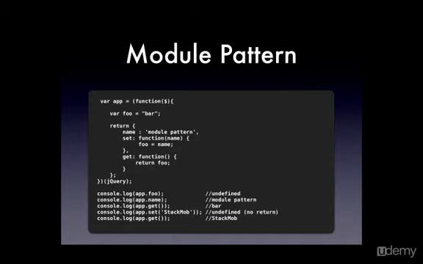And so we wrap the entire function inside of those parentheses. That way it tells anybody who reads this code that we're not assigning the function to the variable app, but we're setting the variable app equal to what's being returned from the function.